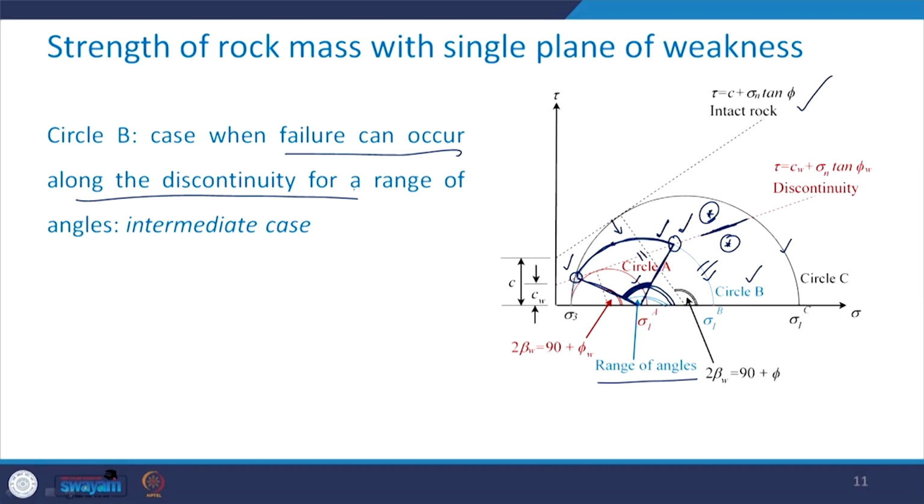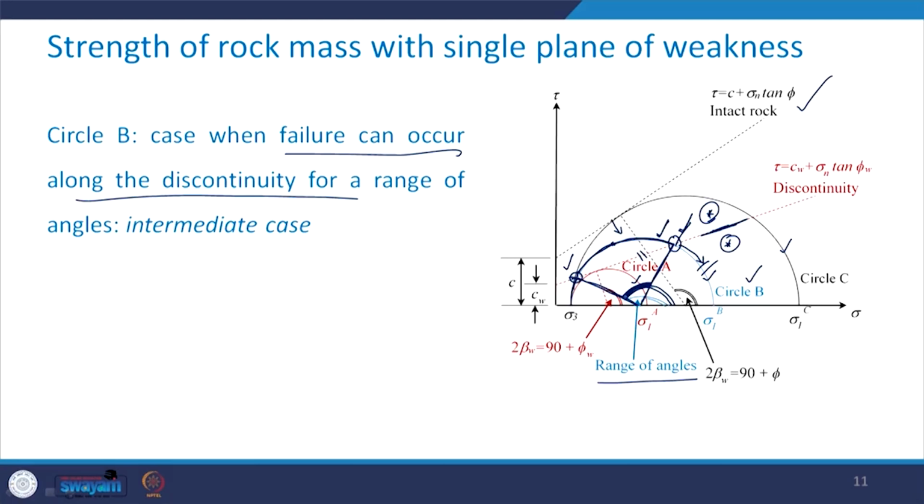Now, in case you have any state of stress in between these two extreme cases, then it is not that for all orientations of the discontinuity you are going to observe the failure along it. If you have the portion from this to this, let us say, and from this portion to this portion, no failure is going to occur.